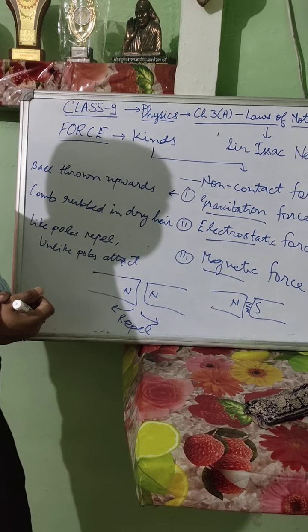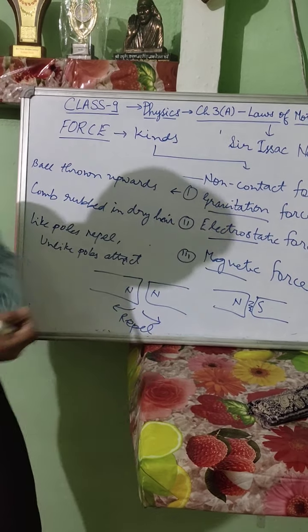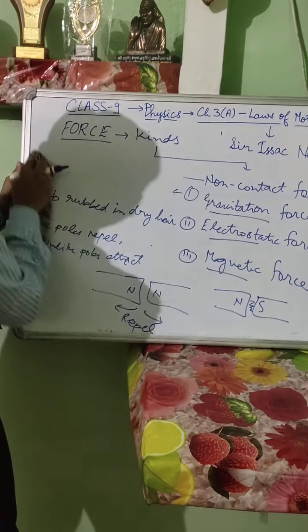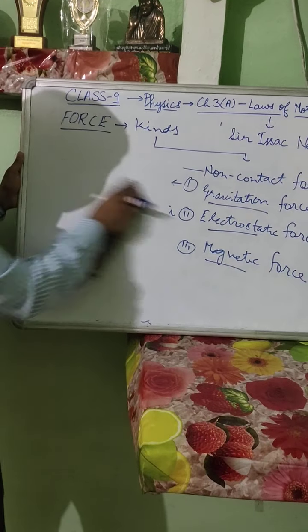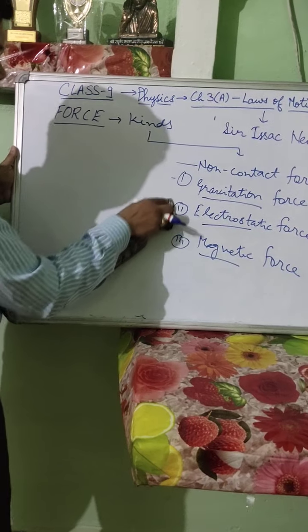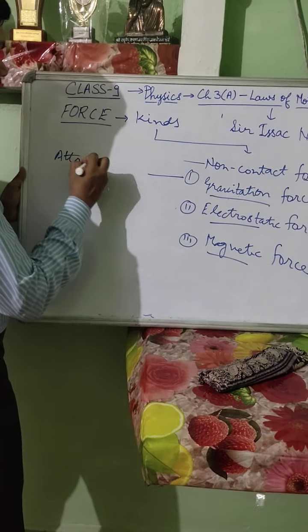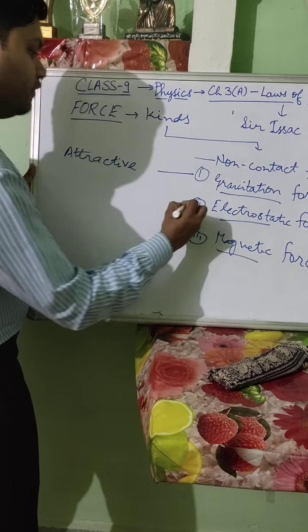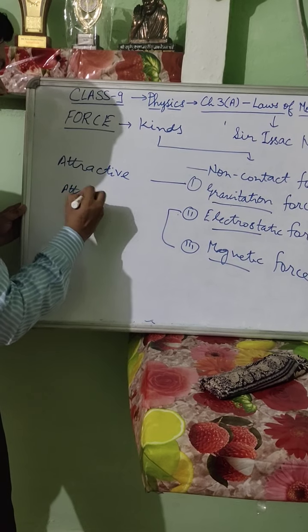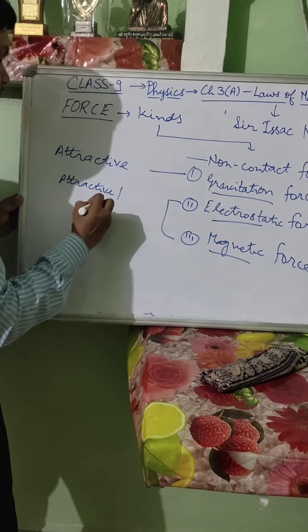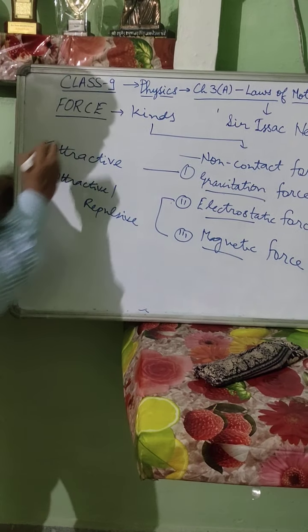Last topic of chapter 3A is general characteristics of non-contact forces. We are going to discuss the general characteristics of non-contact forces. See, gravitational force is always attractive in nature, whereas electrostatic and magnetic force, they can be attractive also and they can be repulsive also. But gravitational force is always attractive.